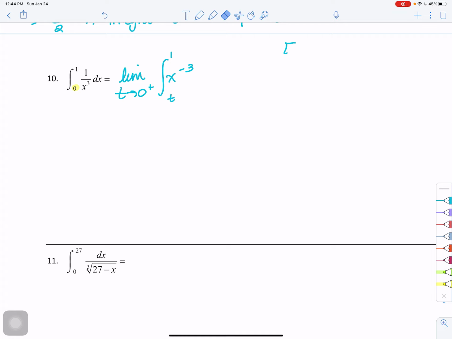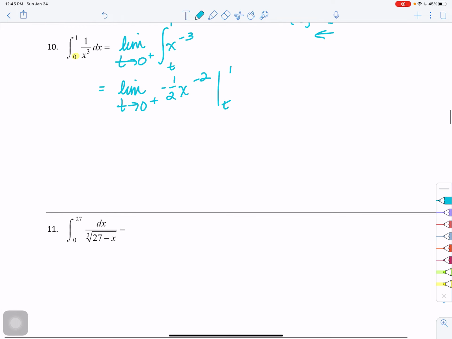So, keep writing that limit. Add 1 and divide. So when we divide by that, we're going to have a negative 1/2, and we're going to evaluate that from t to 1. I would like to have a cleanup line here.